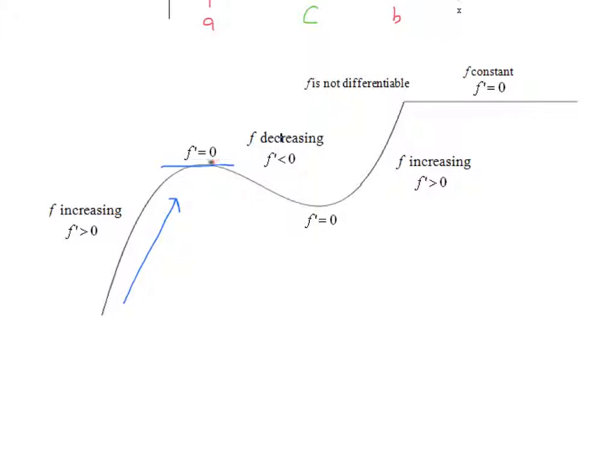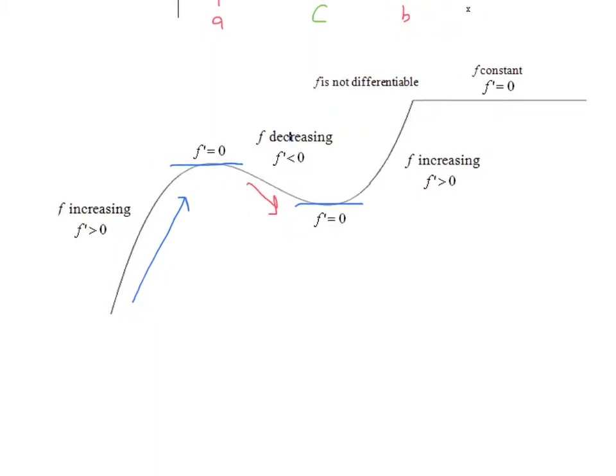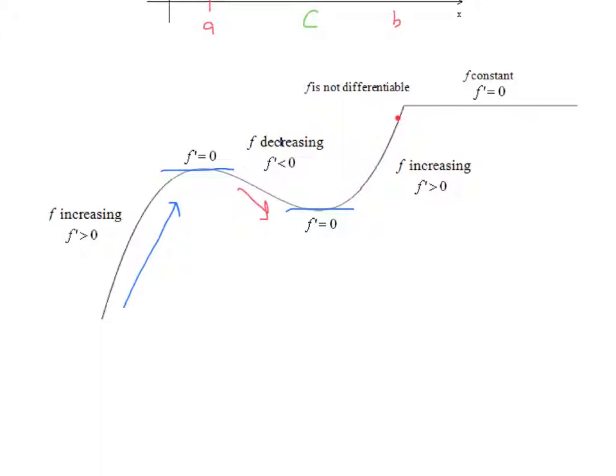In this interval, the function is decreasing, so our derivative is less than 0. So function decreasing, the tangent lines have a negative slope. Again, our derivative is equal to 0. Function increasing means derivative greater than 0.